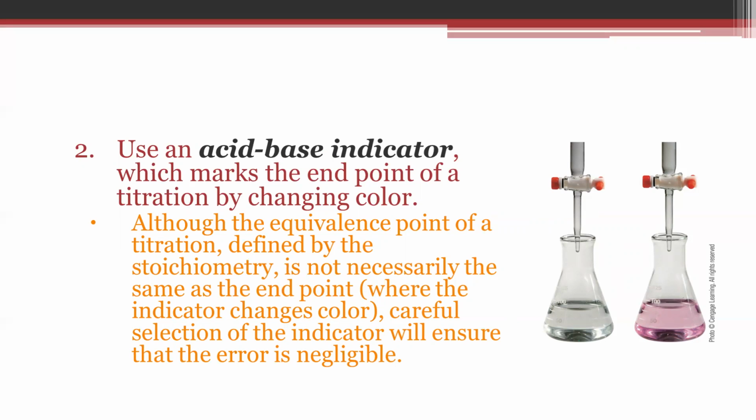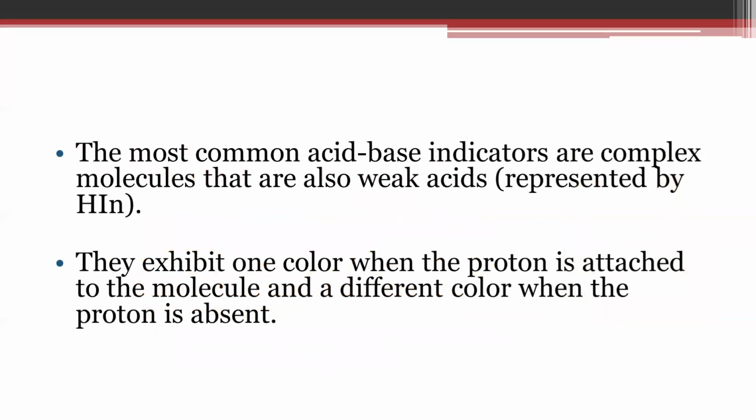So when acid-base indicators work, they are complex molecules that have acidic protons and they're weak acids, okay? So we just write HIn for them, meaning indicator, because they are so complex that we don't need to really worry about what their anion is, what that conjugate base is.